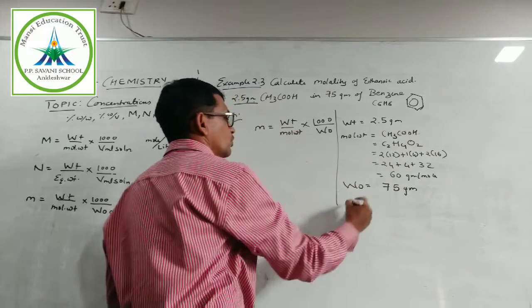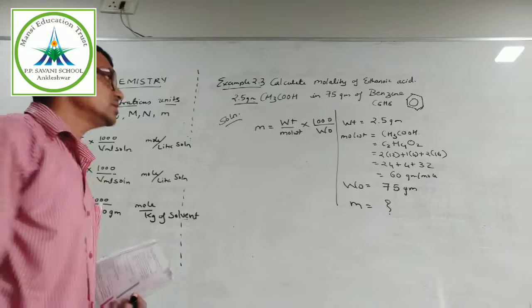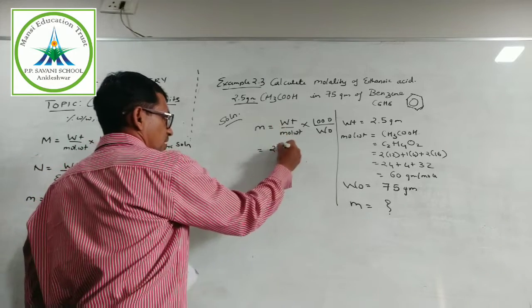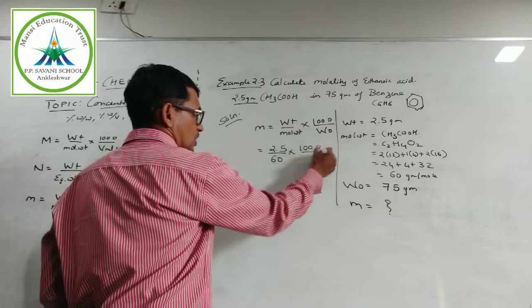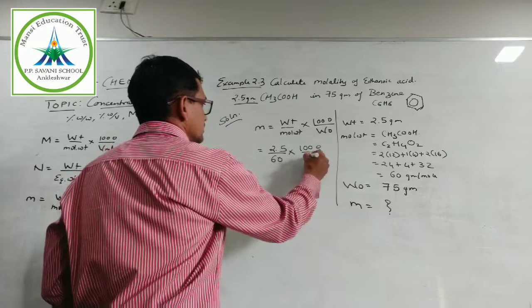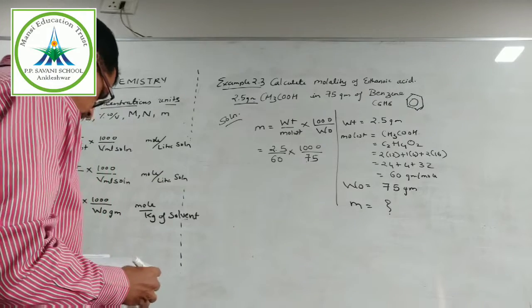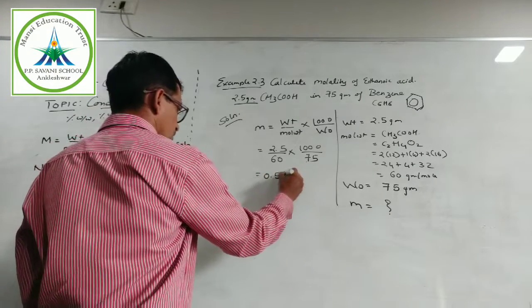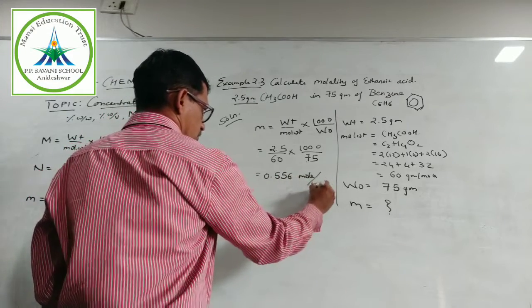So we want to find m, molality. Molality is equal to weight of solute 2.5 gram upon its molecular weight 60, multiplied by 1000 divided by 75. So the answer is 0.556 mole per kg of solvent.